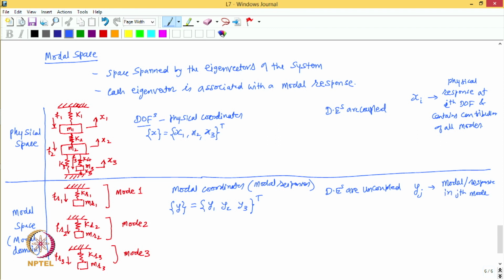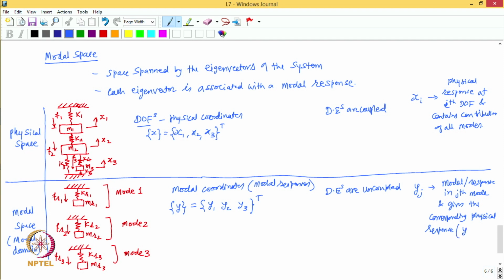It tells us the response in jth mode and gives the corresponding physical response, which will be equal to what?